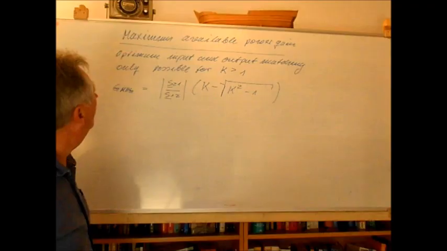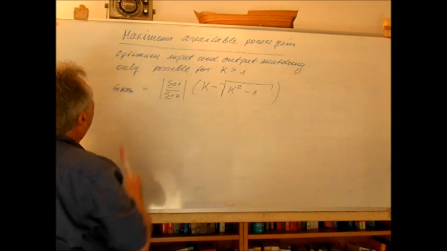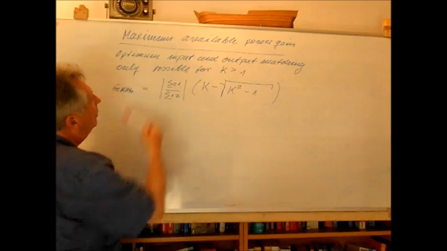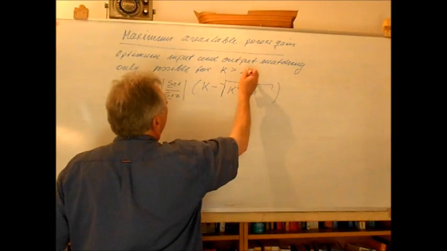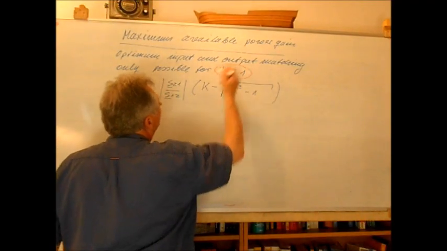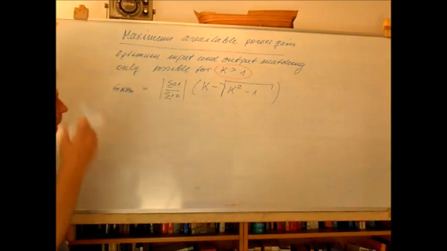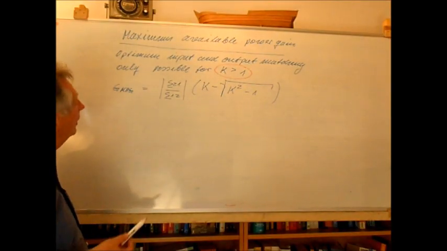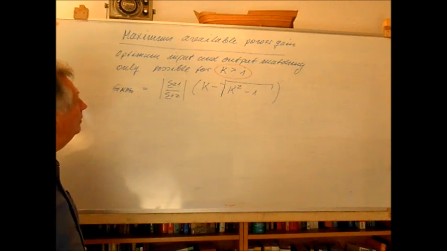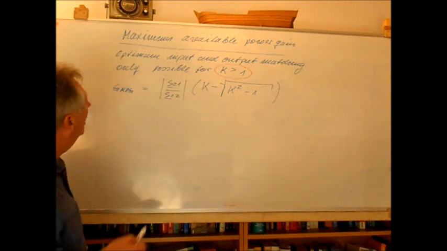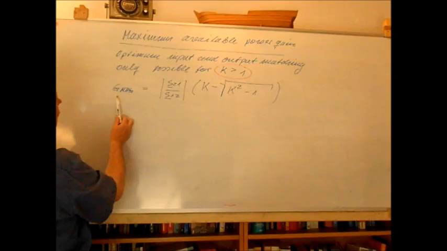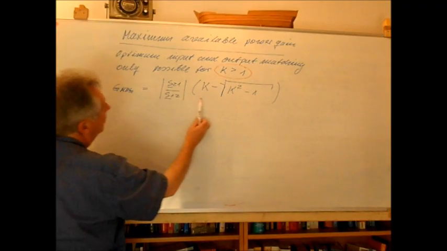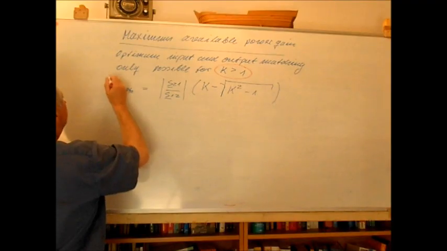As I already pointed out, an optimum input and output matching is only possible for K greater than 1, and if you have a transistor which is stable, then you can do the simultaneous input and output matching, and then you will end up in the so-called maximum available power gain, which is given by this expression here.